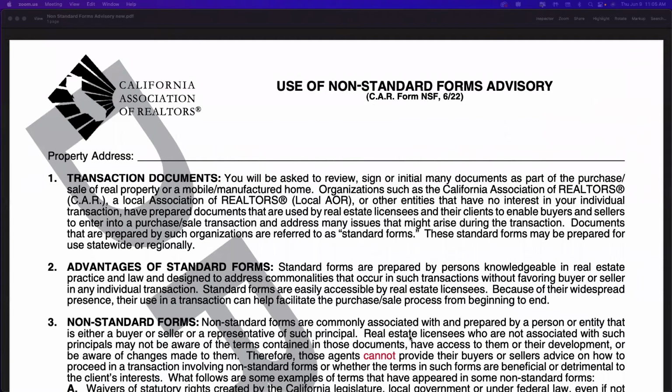I don't think that you have to include it with every transaction you do, but maybe if you're in one of those transactions where you find out that you've got some non-standard form, something provided by a listing agent, maybe you want to have this in your file and have it signed by your client. Okay. Any questions? No questions? All right. Let's move on to the next new one.